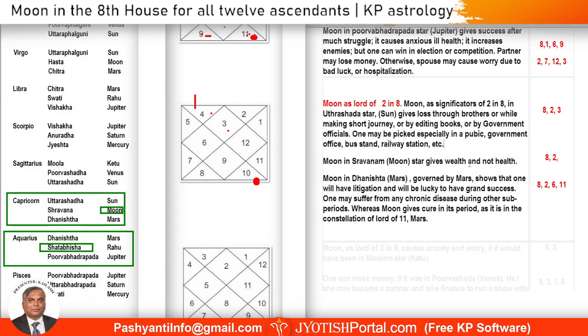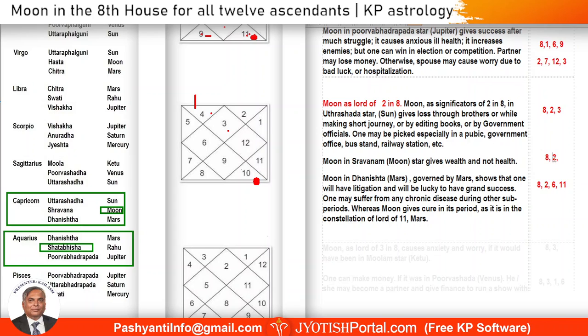So why the professor is saying this is that in this 8 and 2, 2 is strong because moon is in the star of moon, so it becomes the strong significator of the second house compared to the 8th house. So normally we think that the 8th house is there, so it should give some kind of a loss.